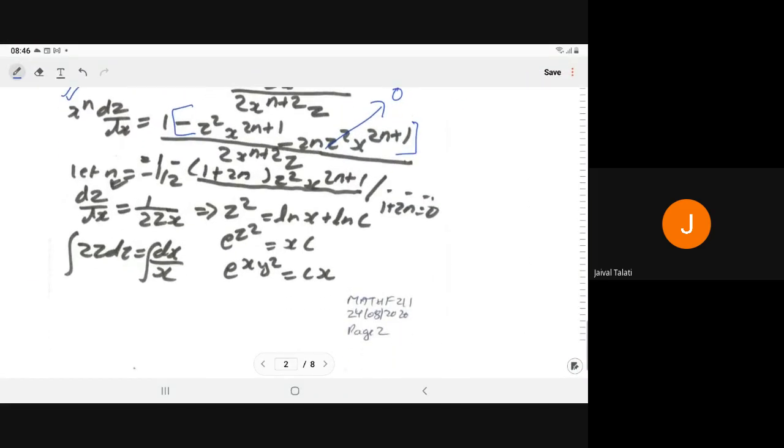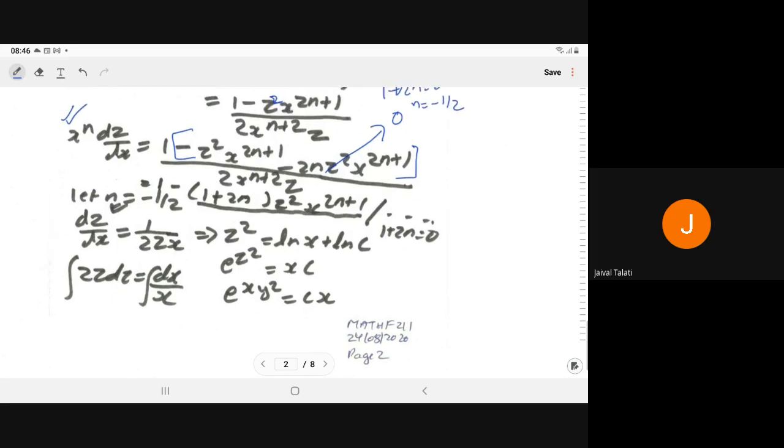So here we have separated. We have dz by dx is equal to 1 upon 2zx, so 2z dz is equal to dx upon x. Integrate on both sides.